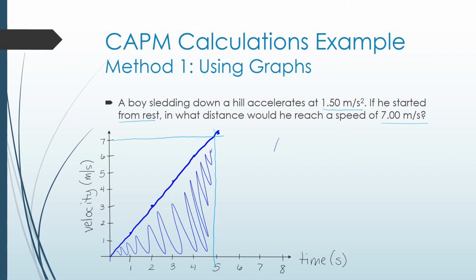So we know that area can be found by doing 1/2 base times height. In this case, my base is approximately, I'm going to say about 4.75 seconds. It's not going to be perfect because, again, I'm not using graph paper, and I'm okay with it not being perfect. And then the height we know for sure is 7 meters per second.